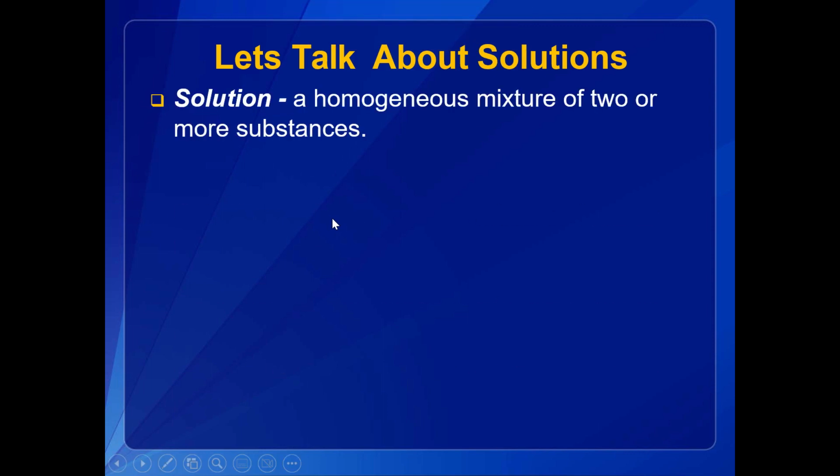Homogeneous just means that they're the same or they dissolve within one another. We'll talk about this again a little later, but examples of solutions would be salt water, sweet tea, jello, things like that. To make up a solution, you have a solute and a solvent.